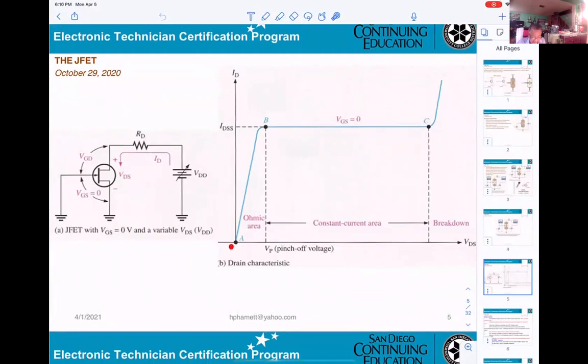So this is zero ID and also zero VDS, okay? Then when you're going up to the voltage VP, that's what they call a pinch off voltage. When they start at VP, and now you're looking in the lab, you can get the current ID equal IDSS.